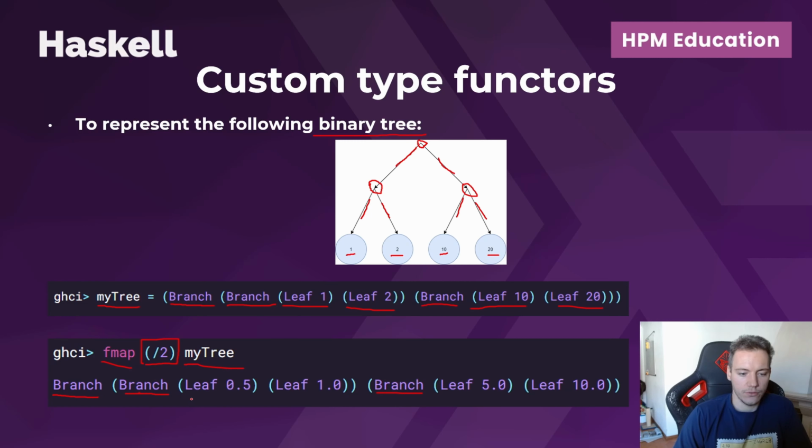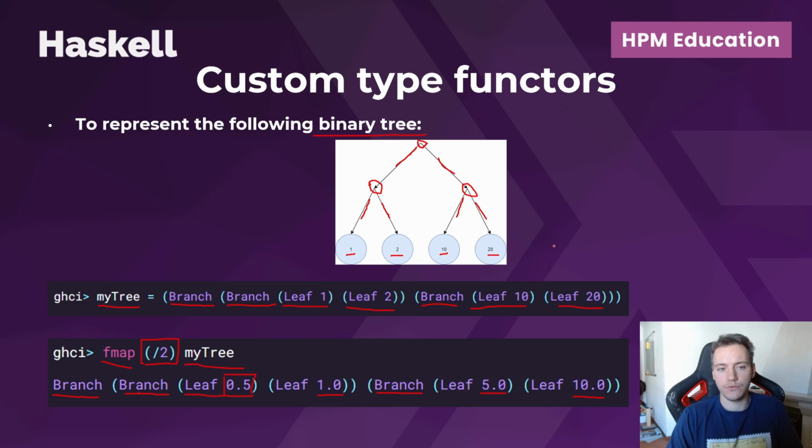Each of those have two leaf node children, and now since we map the function divide by 2, the values stored in the leaf nodes are all divided by 2. So the first one from the left contains now 0.5, the other one contains 1.0, and the right side contains 5.0 and 10.0.